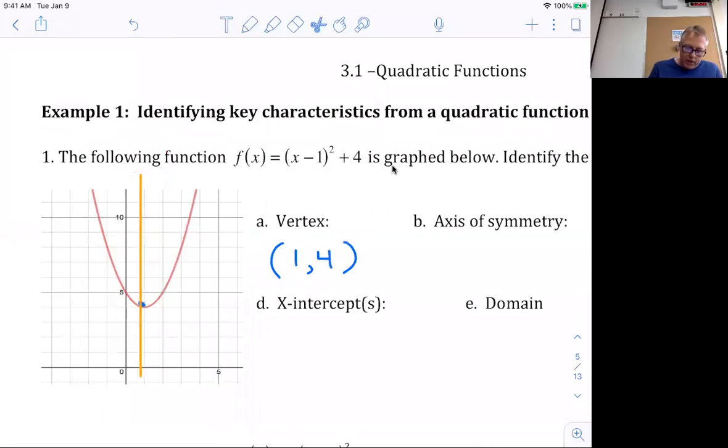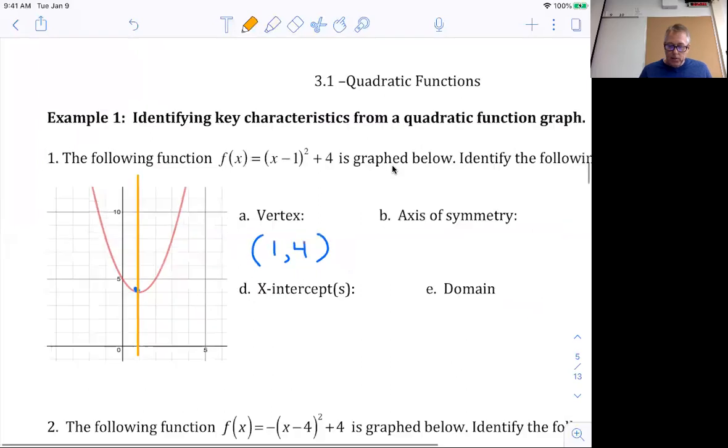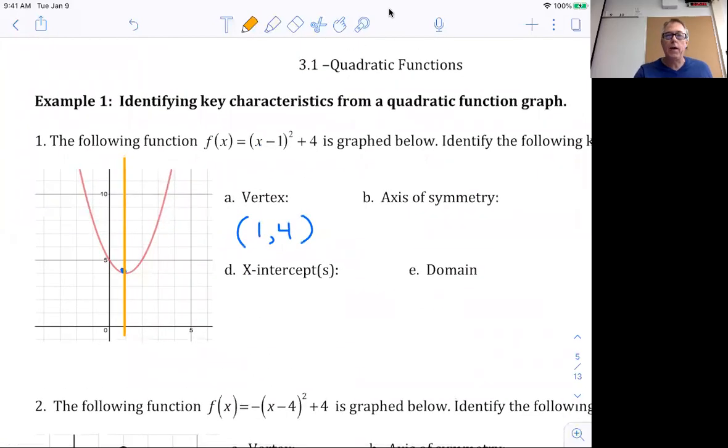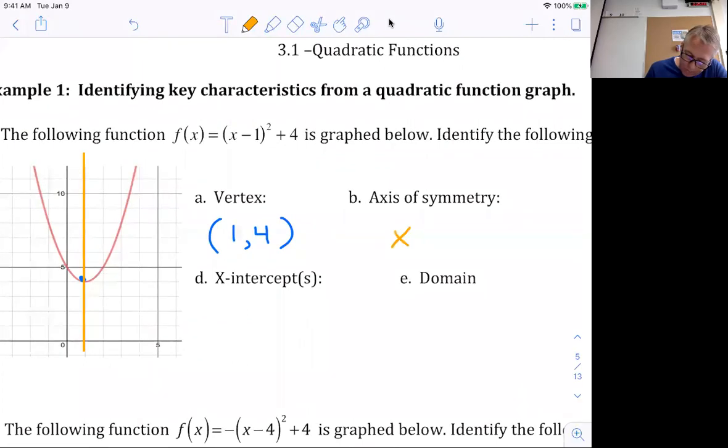And the orange line is a vertical line, which goes through the point (1, 4). And so the equation of that line is x equals 1. So the axis of symmetry, remember it's a line, so we want to say x equals, and it always goes through the x value of the vertex.